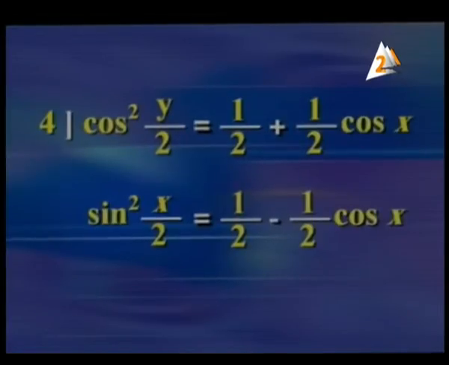When we find integration of cosine square x over 2, we convert it into 1 over 2 plus 1 over 2 cosine x. Also, when we find integration of sine square x over 2, we convert it into 1 over 2 minus 1 over 2 cosine x.